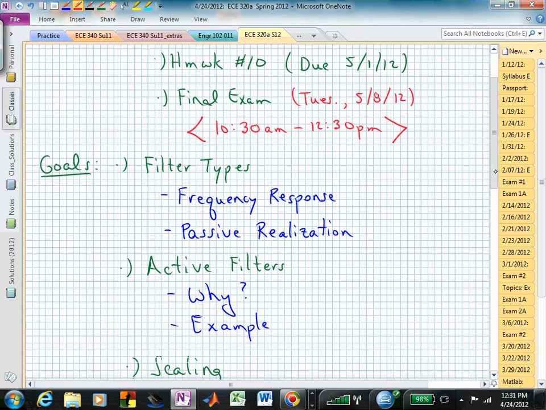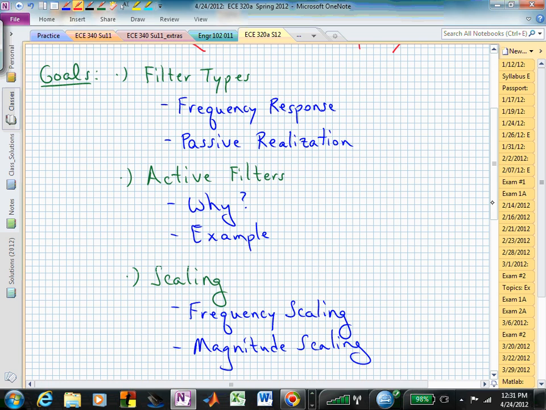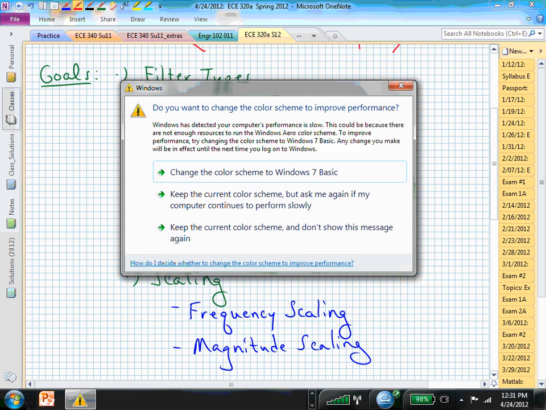What I want to do today is get into filtering, which is chapters 14 and 15. We already now know, I hope, a little bit better on frequency response, how we can sketch those, and once we know where frequency responses are breaking or bending, we now know where poles and zeros are located, and we could actually create a transfer function to realize a given filtering behavior.